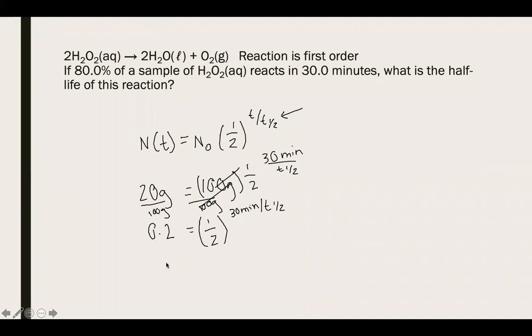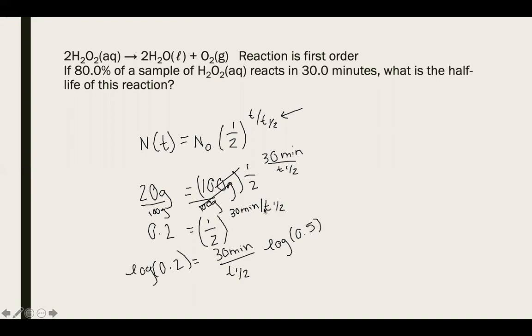And this is where the problem gets maybe a little bit tricky if you're not comfortable with logs, because the thing that we actually want is in the exponent, so we have to get that out of there. In order to get something out of the exponent, we can take a log. So we take the log of both sides, we'd have the log of 0.2 equals 30 minutes divided by t1/2 times log 0.5, or log of 1/2, they're the same value.